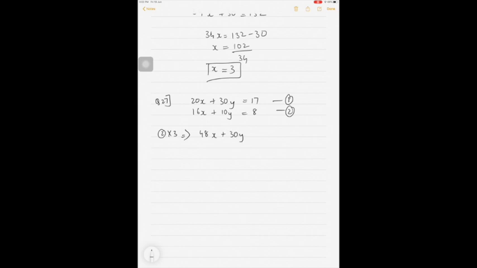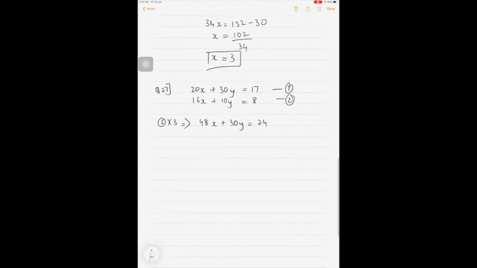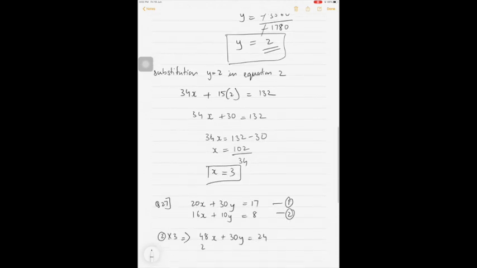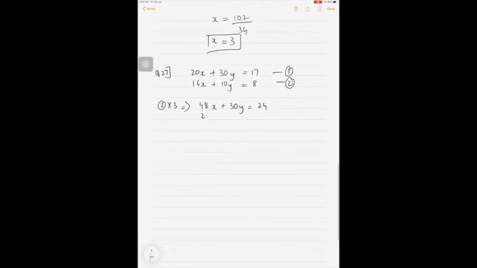So 48x plus 30y is equal to 8 into 3, which is 24, correct? And my first equation is 20x plus 30y is equal to 17.